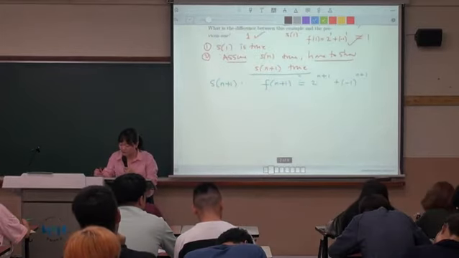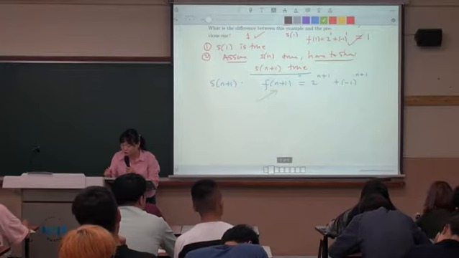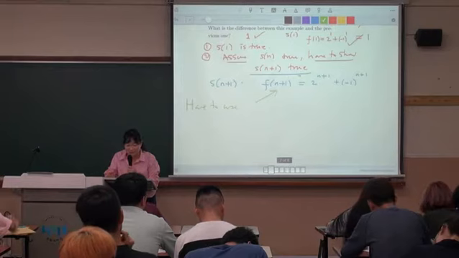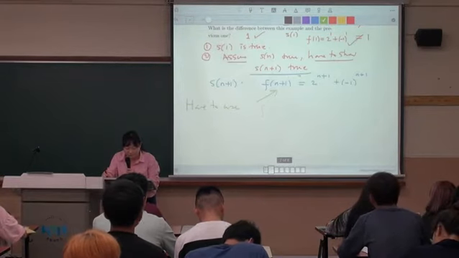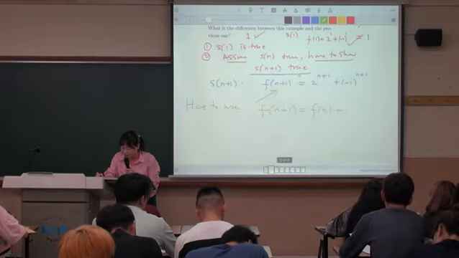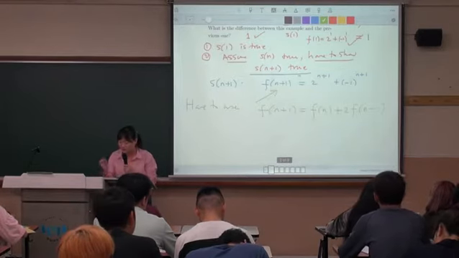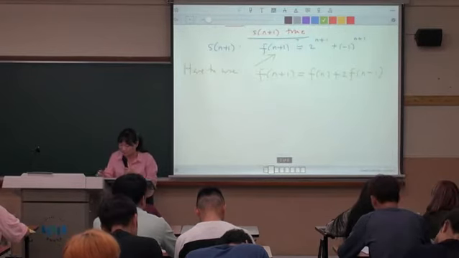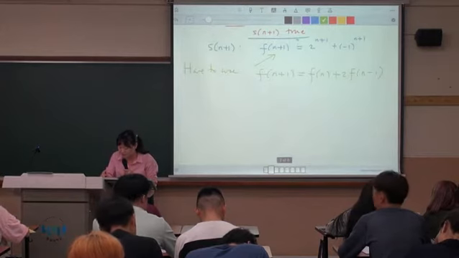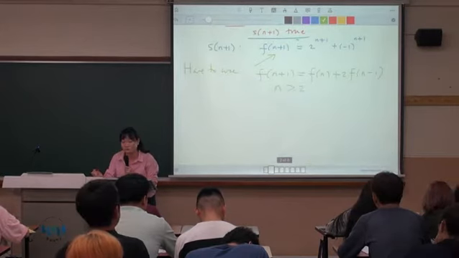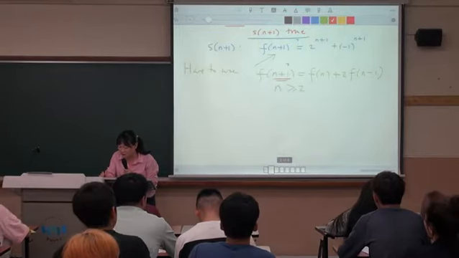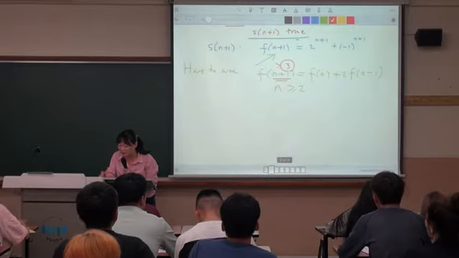Because to show this, we have to use the given relationship, f of n plus 1 equals f of n plus 2 f of n minus 1. But this is true for n bigger than or equal to 2. So when it hits 3, I can use this formula from 3 and on.